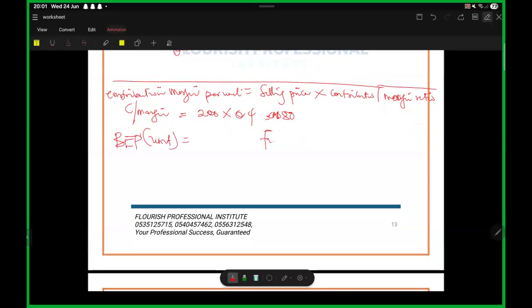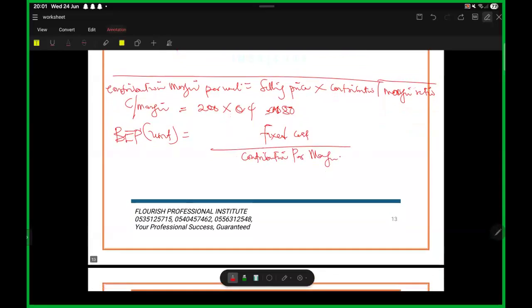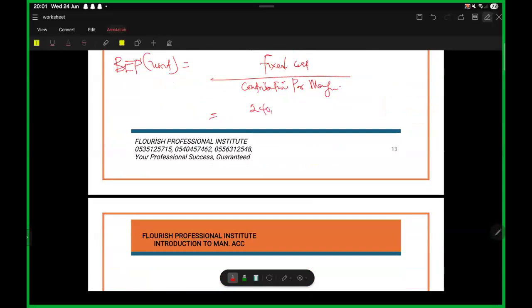Your total fixed cost over your contribution margin per unit. So fixed cost is given as 240K over contribution margin of 80. When you divide this, what should you get? I think this one should be 3, right? 8, 3, 24. So this should be 3,000 units.